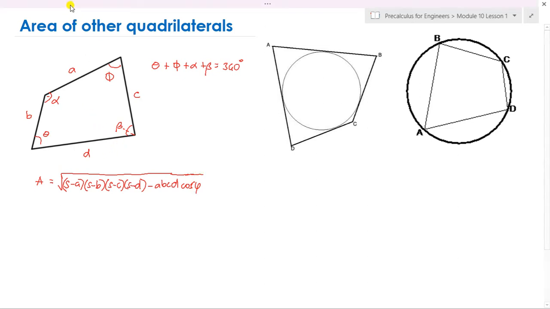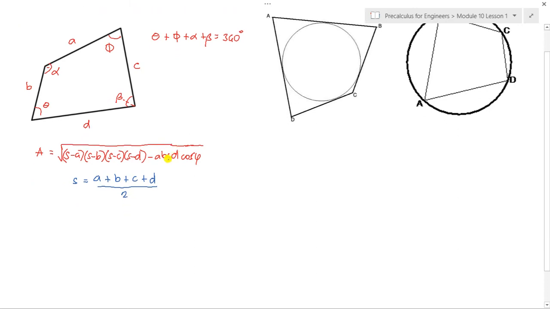Here, s is the semi-perimeter. The semi-perimeter is the perimeter of the quadrilateral divided by 2. So that is a plus b plus c plus d divided by 2. And for the angle gamma, actually it is not given.